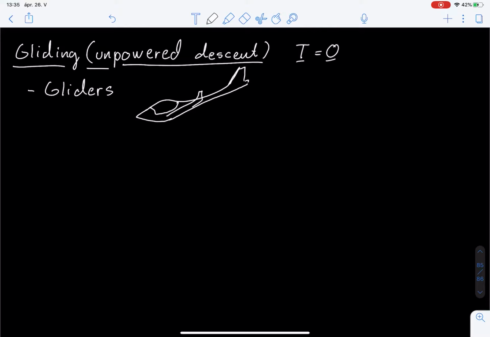So these aircraft have, aerodynamically speaking, a similar concept as the powered airplanes. They're just more streamlined in a way, and of course have much larger aspect ratios and larger wingspans compared to the powered airplanes. Right, so these are the gliders, one example.